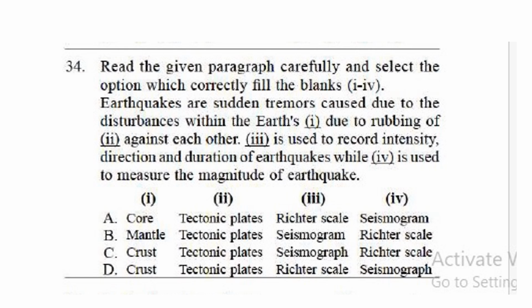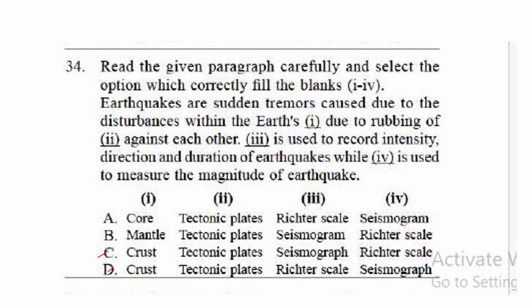Let's read again. Earthquakes are sudden tremors caused due to the disturbance within the Earth's 1, within the Earth's crust. 1 is crust, so the answer can be option C or D. Due to rubbing of two tectonic plates, so C and D can be the answer.